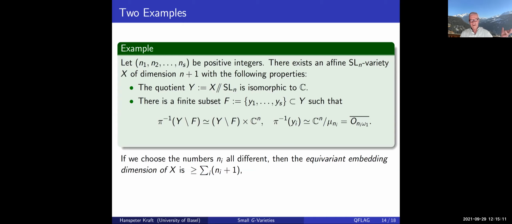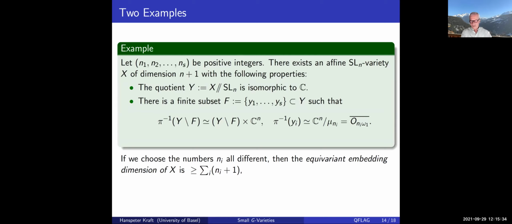So you see, X has dimension n plus 1. Embedding dimension means the smallest module you could embed it into, and it is given by the summation of the ni plus 1. So there's no way to give an upper bound which only depends on the dimension of X.